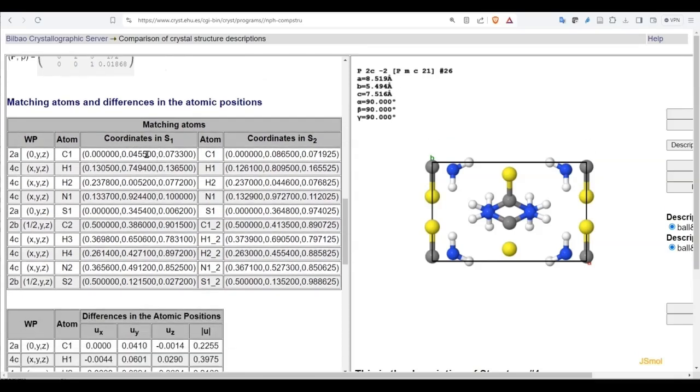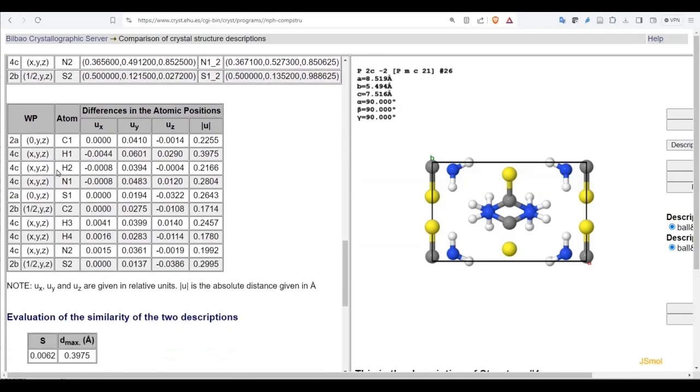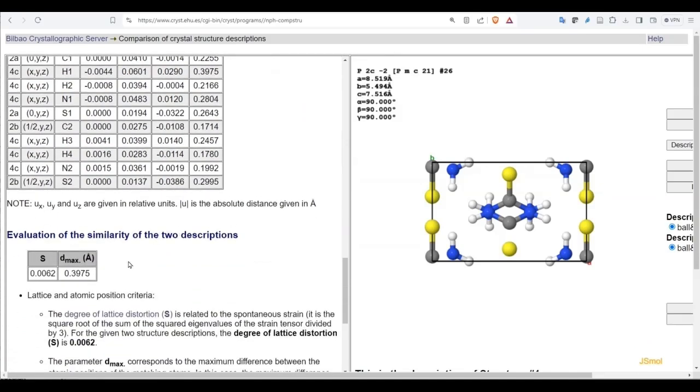This is the matching of the coordinates of atoms in the first model and the most similar configuration of the second model. These are the differences in atomic coordinates, and then there is a calculation of the lattice distortion, which is the S term, and also the maximum deviation of atomic positions.